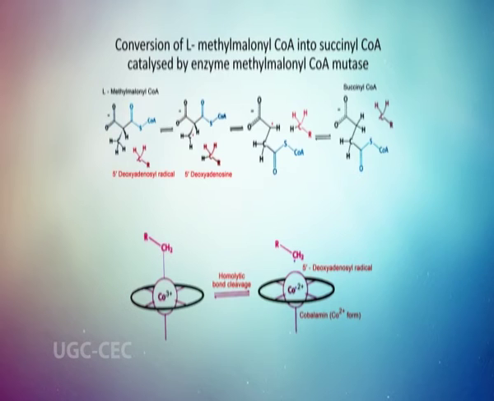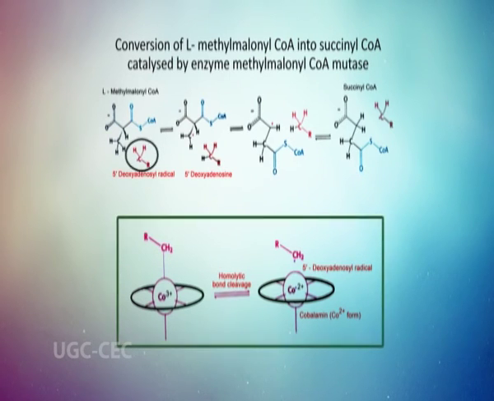A hydrogen atom migrates from one carbon atom to the next, and the CO-CoA group of methylmalonyl-CoA concomitantly moves in the reverse direction. The first step in these intramolecular rearrangements is the cleavage of the carbon-cobalt bond of 5'-deoxyadenosylcobalamin to generate the Co2+ form of coenzyme B12 and the 5'-deoxyadenosyl radical.